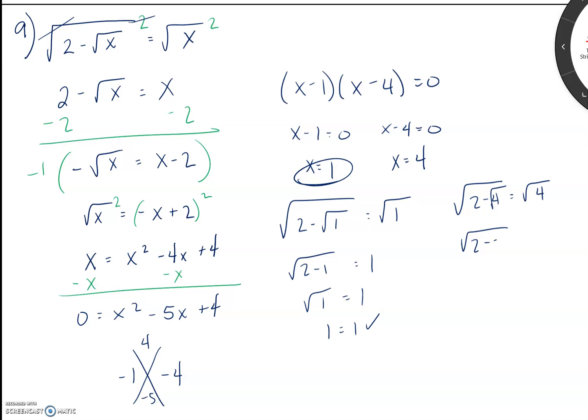Square root of 4 is 2. Oops. 2 minus 2 is 0. 0 does not equal 2. So 4 is extraneous, so our solution is 1.